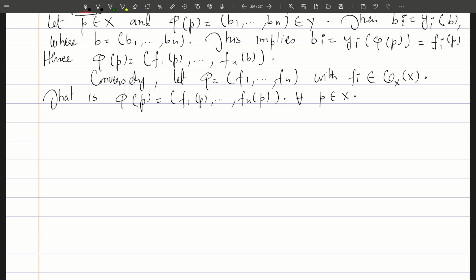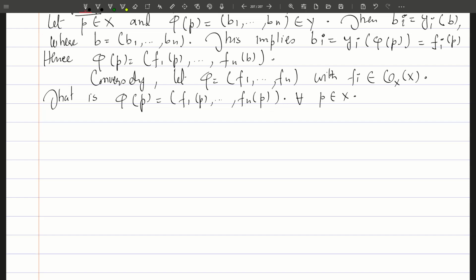I mean, it is compatible with regular functions on open sets. Now to first prove phi is continuous, it suffices to prove phi pulls back closed sets to closed sets. So for that, let us take some closed set in the variety y.